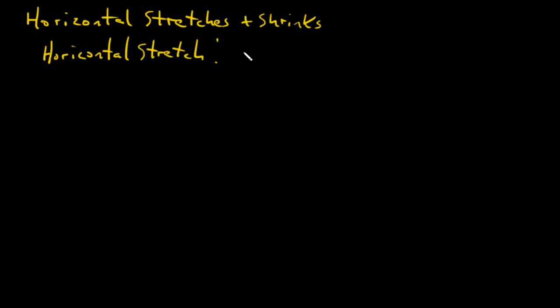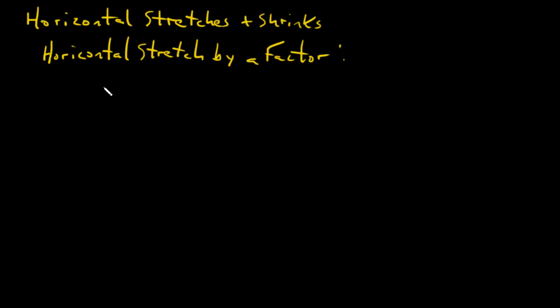So let's say I want to do a horizontal stretch by a factor, whatever that is. Let me erase these two little dots, they don't belong. By a factor, some factor, could be 3, 5, 7, who knows.